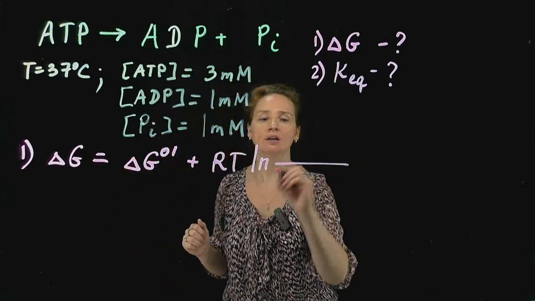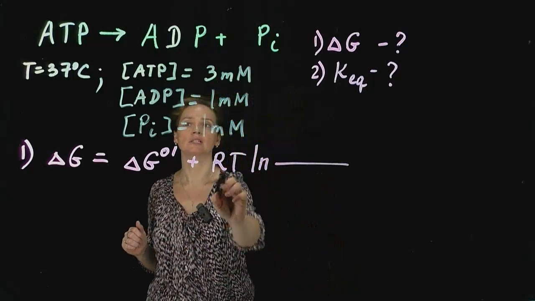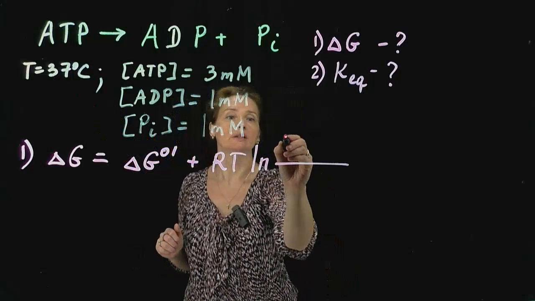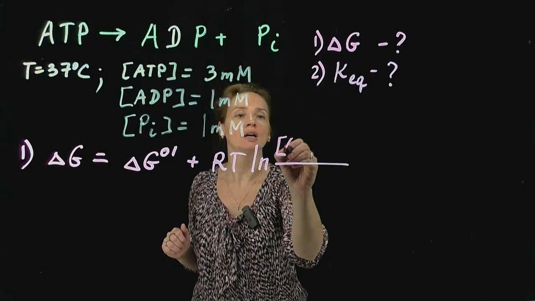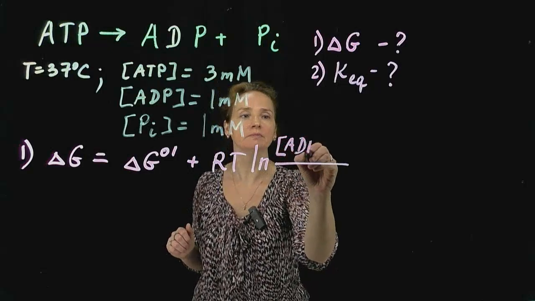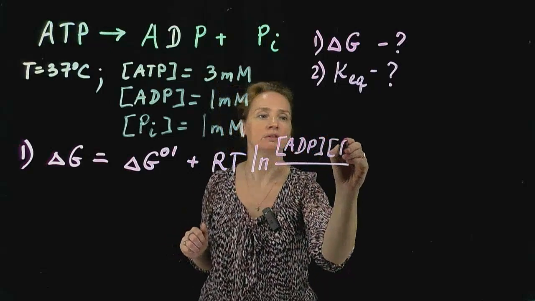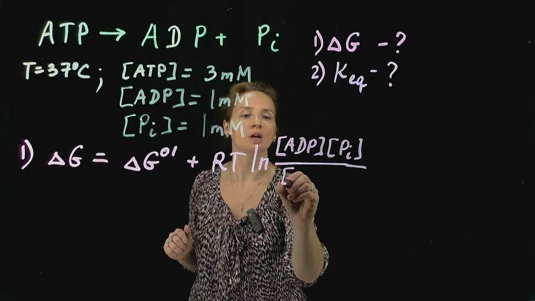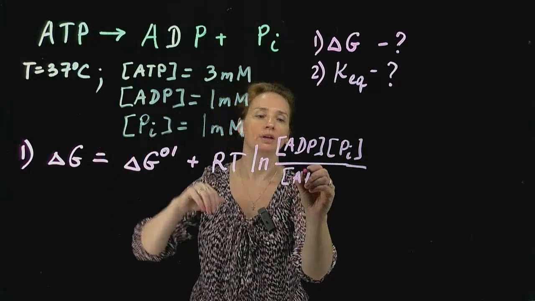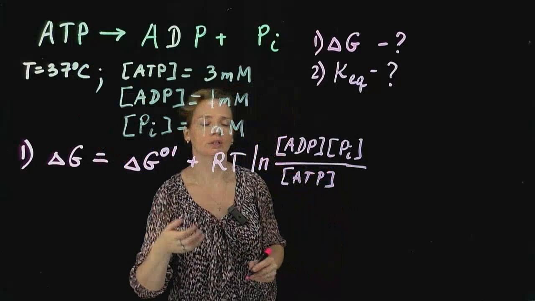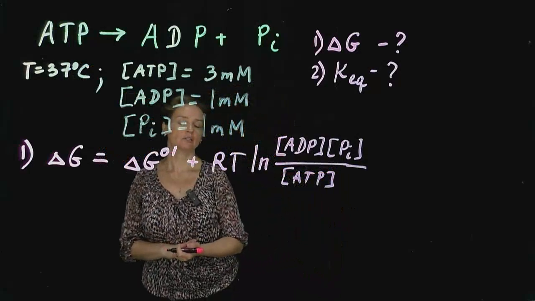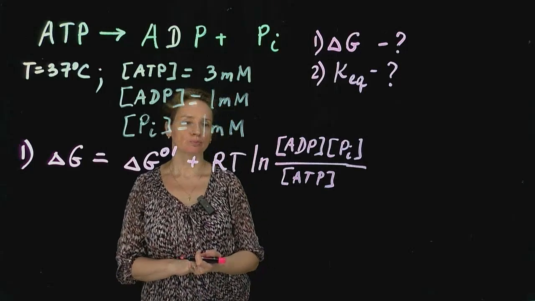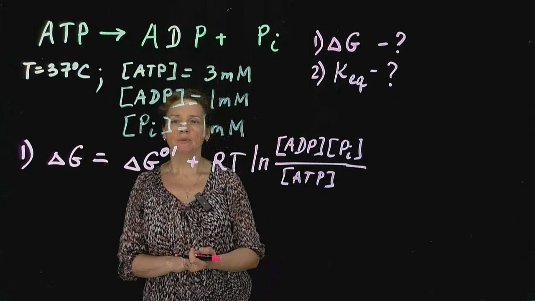So we'll have RT, R is our gas constant, T is our temperature in kelvins, logarithm of the ratio, and in the numerator we'll put concentrations for the products of this reaction, and in the denominator we will put the concentration of the one reactant that we have here. And of course, water is another one, but for water the concentration is 1 molar, we assume.